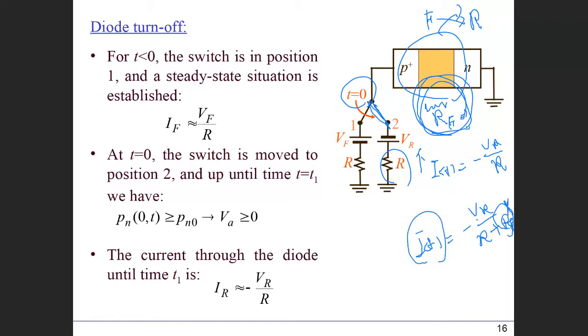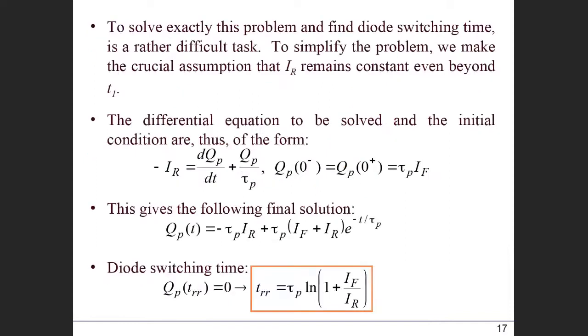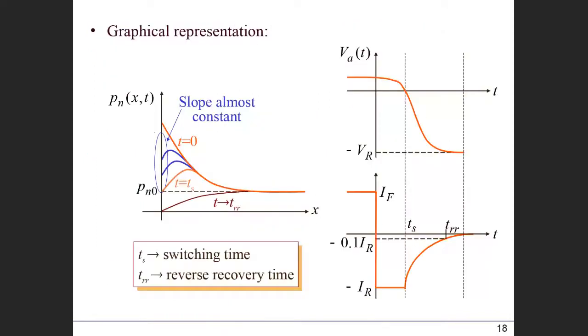Due to that effect, we see this kind of curve. With the forward bias current condition, when the switch is changed to the reverse bias, you suddenly flow the negative IR, and it remains at negative IR as long as the diode still feels itself as forward bias, until all the charge is gone. That's the time TS.